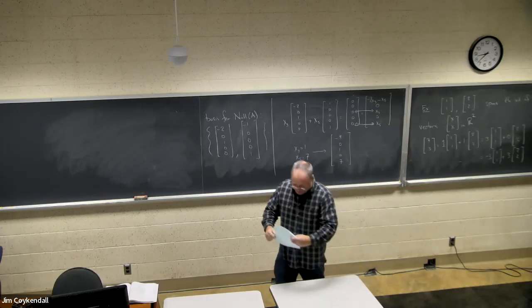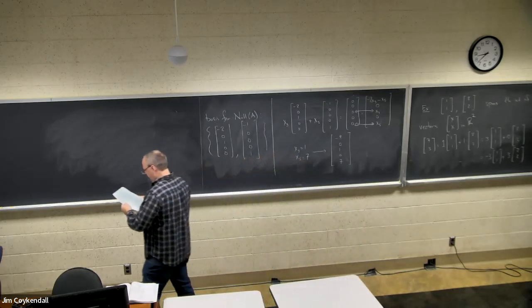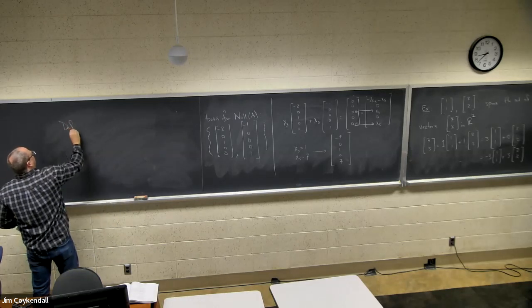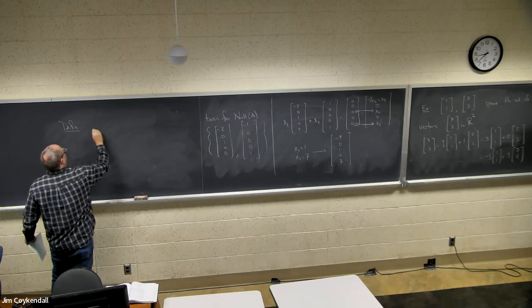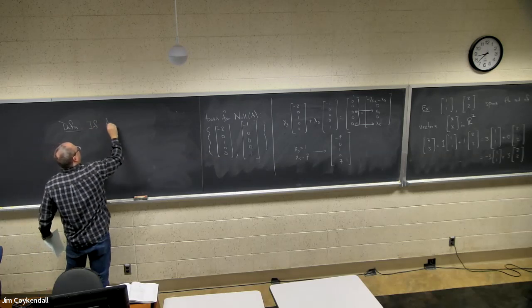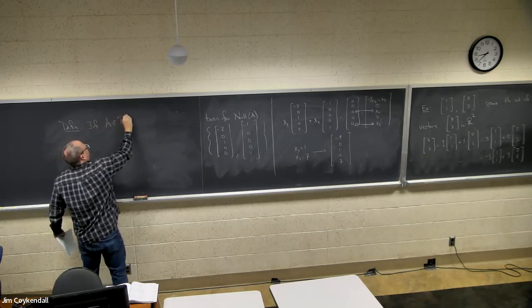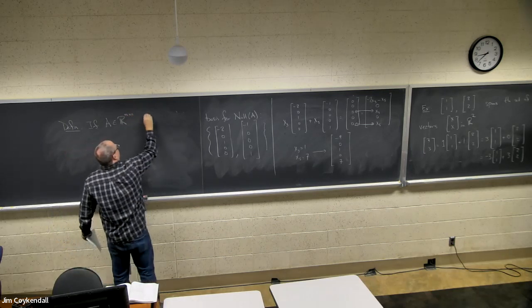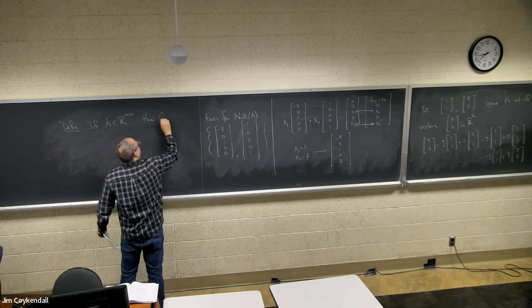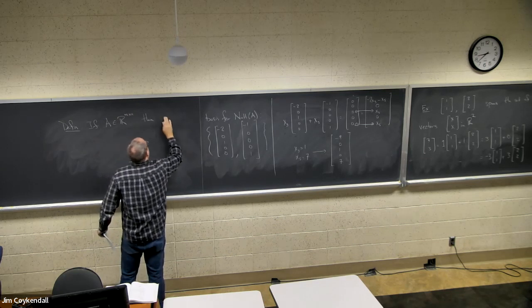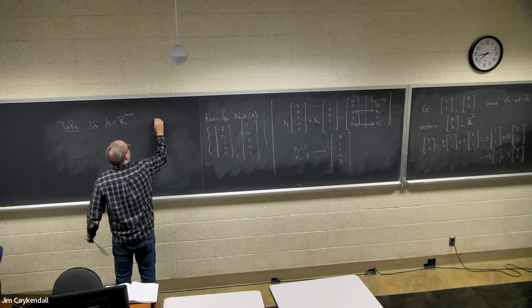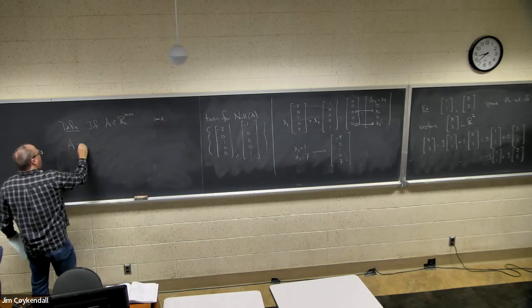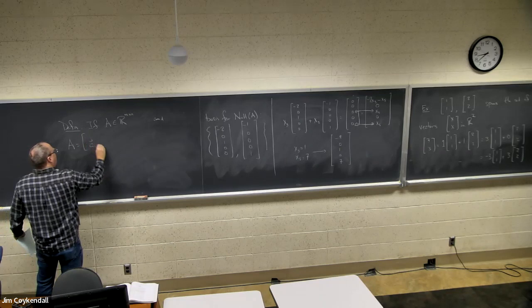Okay, another thing that we can look at, of course, is a definition. If A is an m by n matrix, and let me write it this way, I want to write A in terms of its column vectors.